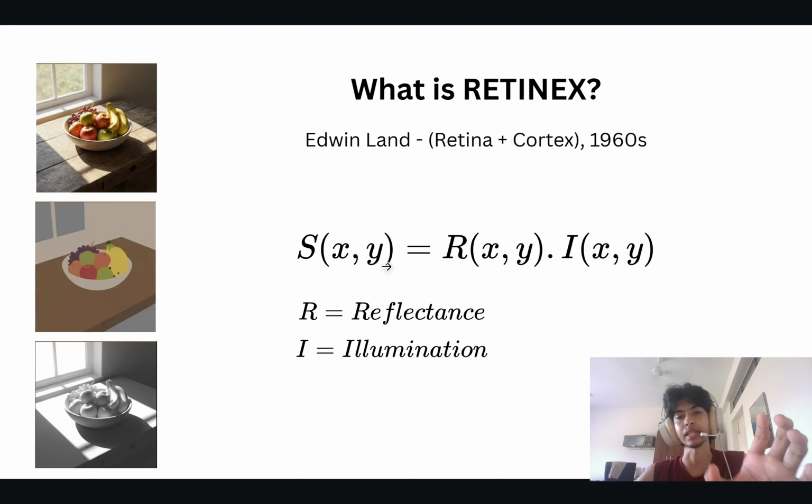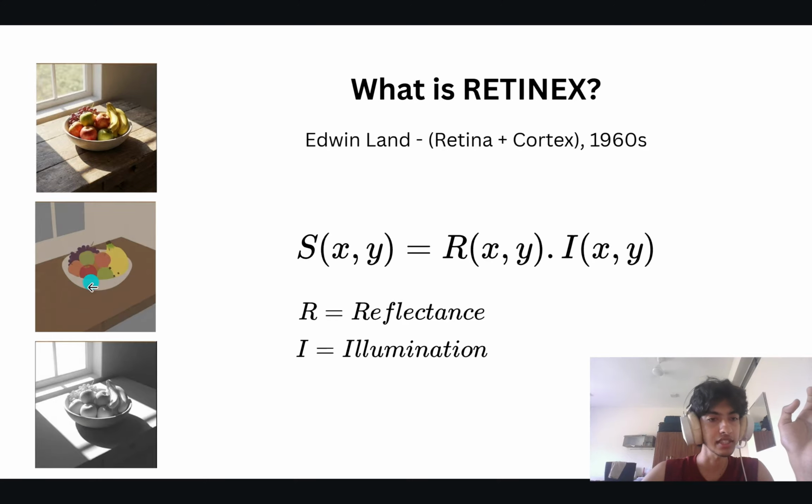Let's say you have the image s of xy. You want to convert it into its reflectance, which is the accurate color values of it, and the illumination, how much light is being shown on it, right? And if we see the pictures on the left, this is what's being done. The upper image is the original, whatever we see normally. The lower is the distributed reflectance, and I is the illumination.